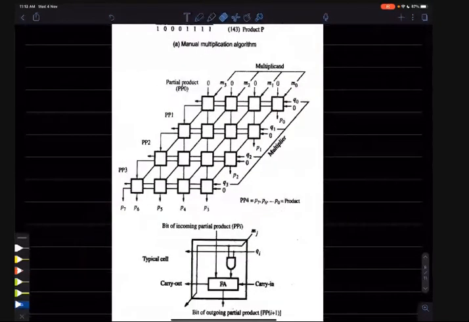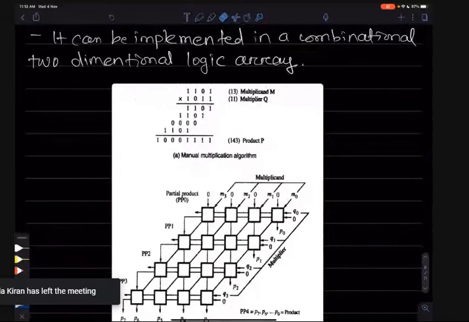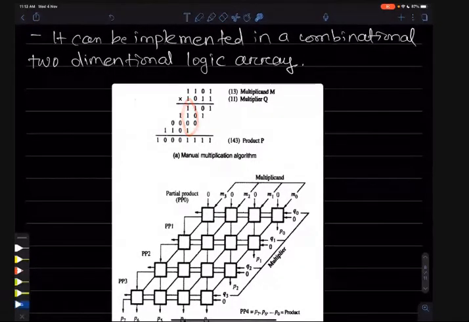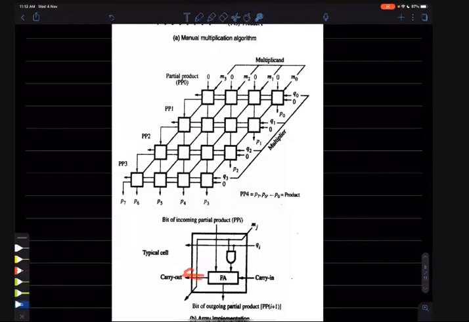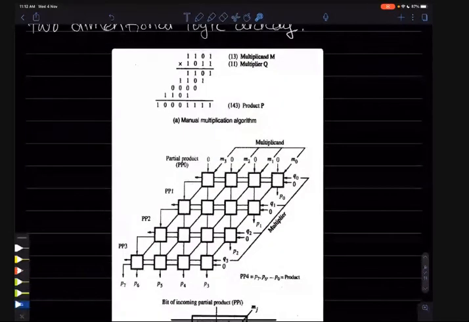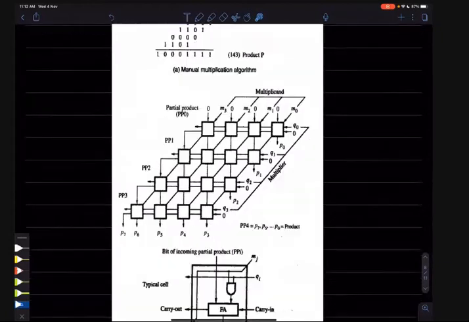If there is an addition, in the third case or the fourth case, if you add 1 plus 1 plus 1, you will have a carry. So the carry has to be added here, and that will be done by the carry out. The carry out will generate that carry, and the carry will be added in the next box. So that's how it is designed.